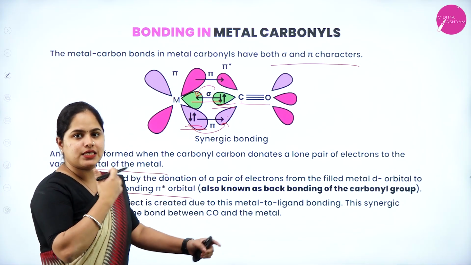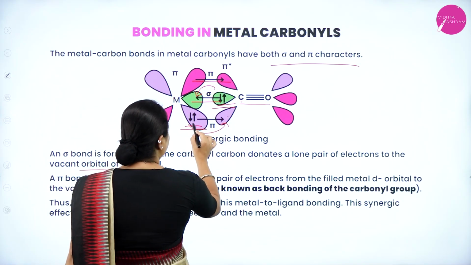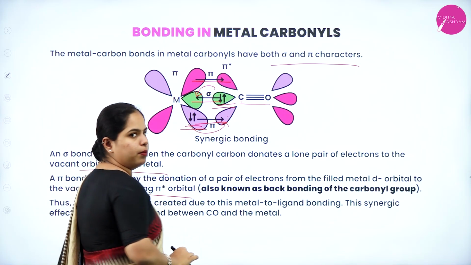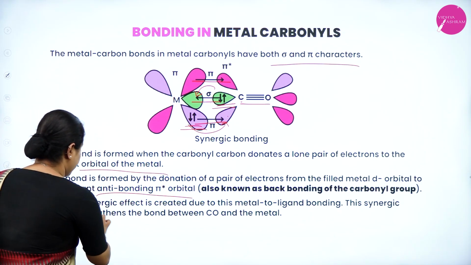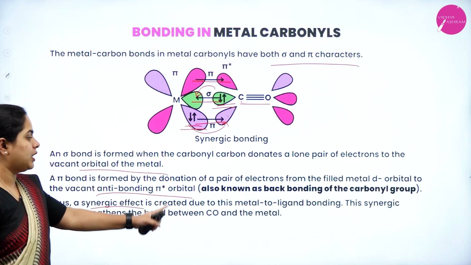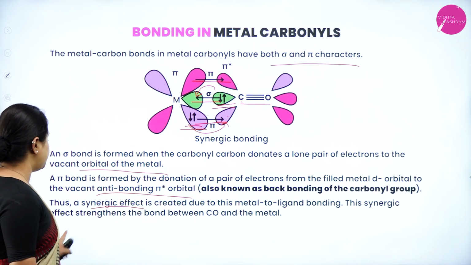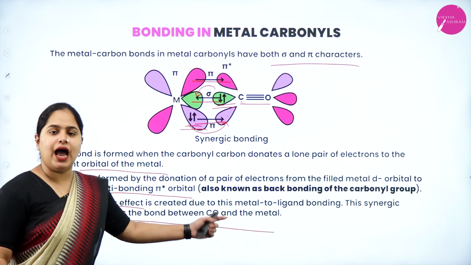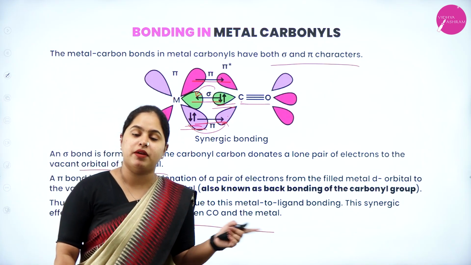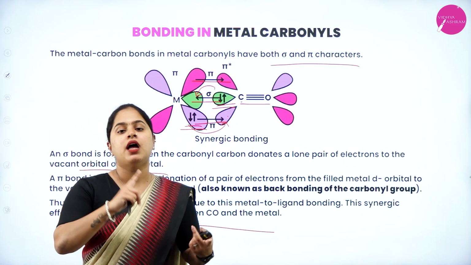So in both ways it is happening. Here a pi bond will be formed and here a sigma bond will be formed. That is how this synergic effect is formed due to the metal to ligand bonding, and this synergic effect strengthens the bond between the CO, carbonyl, and the metal. That is why this bond will be very strong, because there will be sigma and pi.